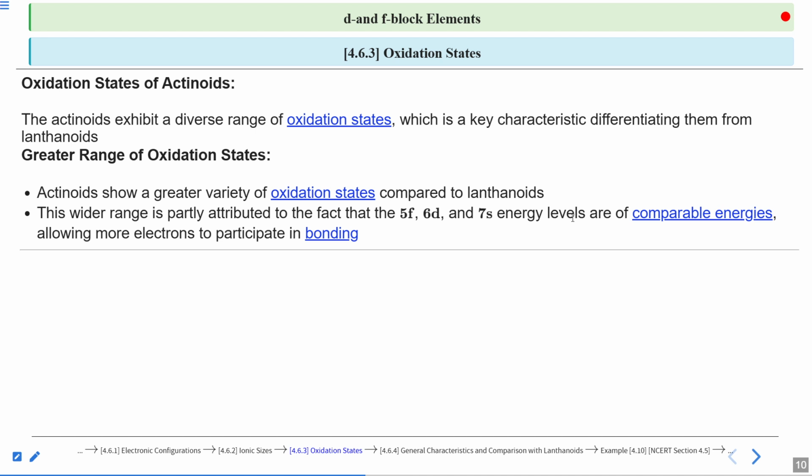So they are of comparable energies. These three energy levels are of comparable energies, which allows more electrons to participate in the bonding. And that's the reason why this wider range or variety of oxidation states is shown by the actinoids.